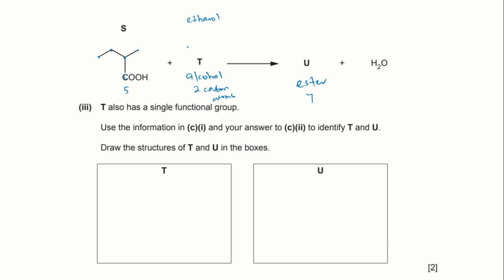So U, an ester formed from a 5-carbon carboxylic acid and ethanol, its structure should be.